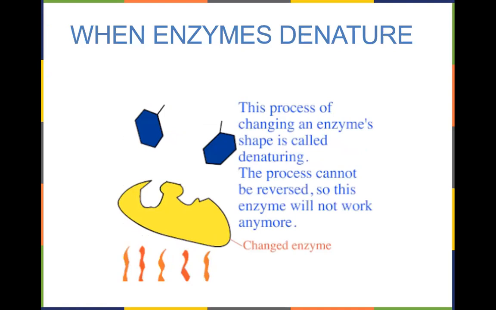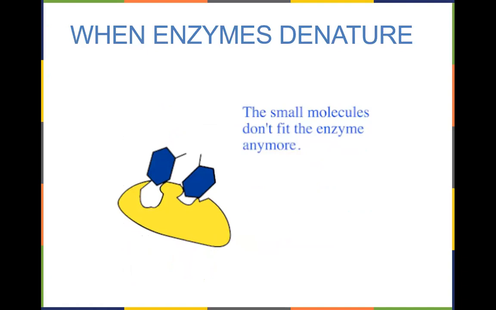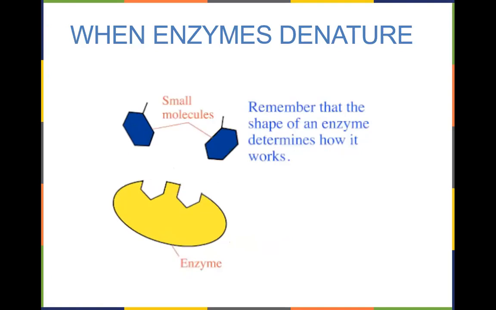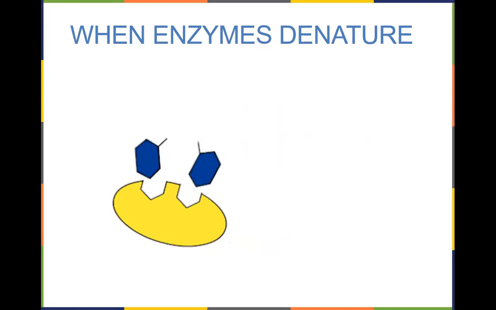Now, whether it is a change in pH or a change in temperature, when an individual goes into cardiac arrest and they're no longer removing carbon dioxide out of their body, the cells take a long time to die.